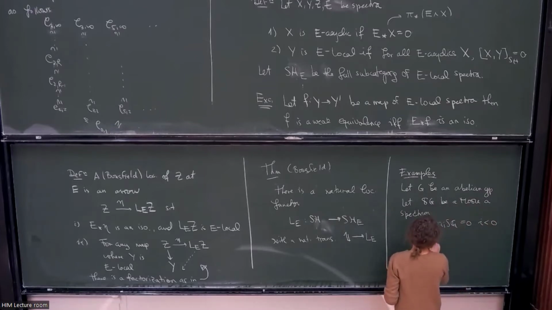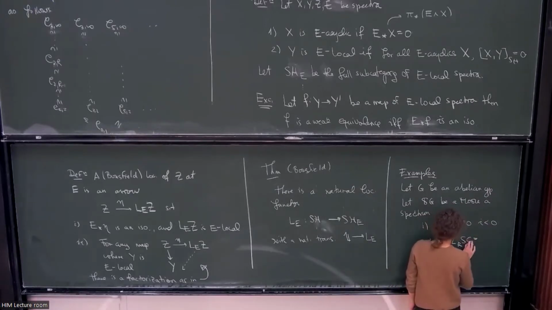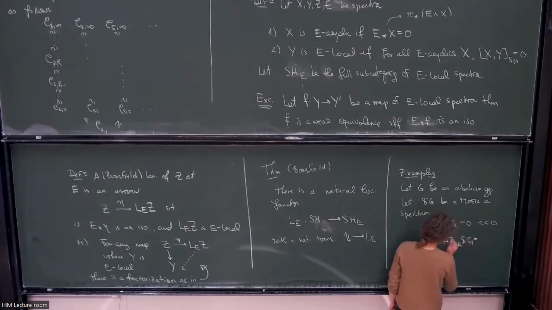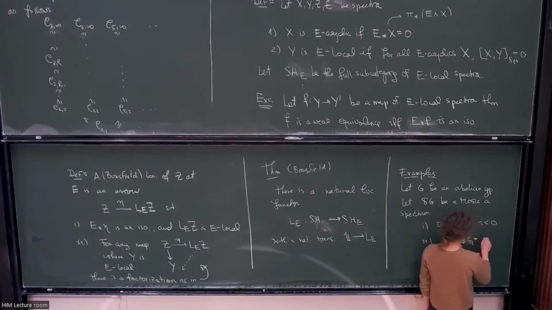And the second is that the homology of SG is going to be G if k is 0 and 0 otherwise.